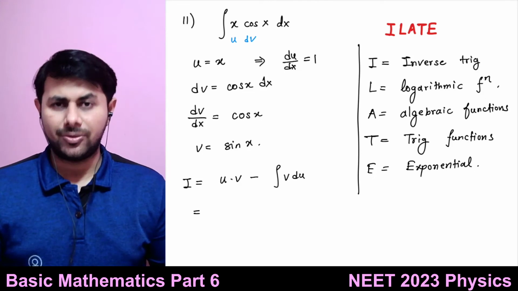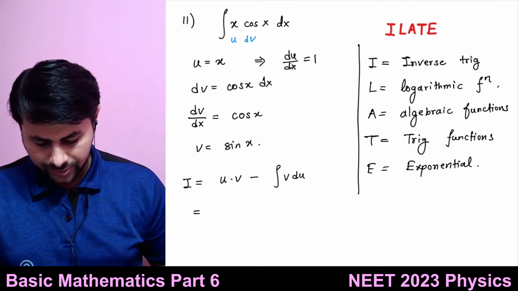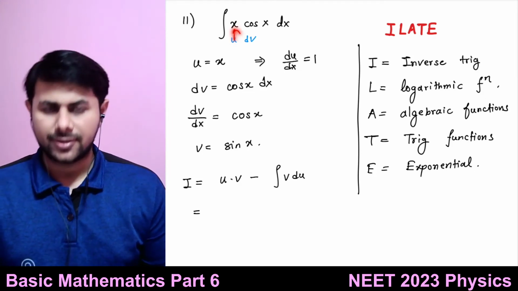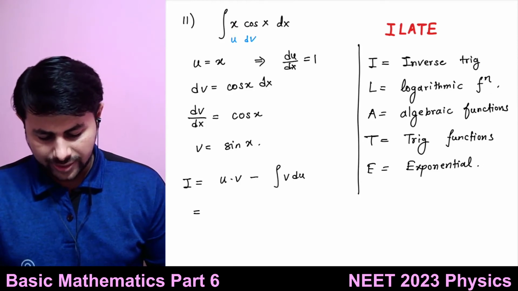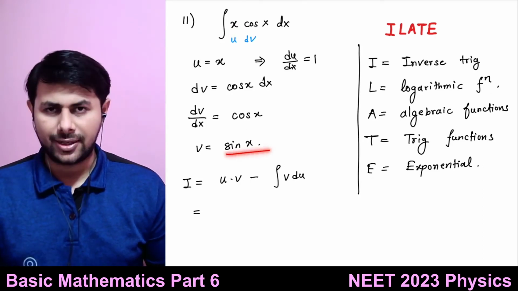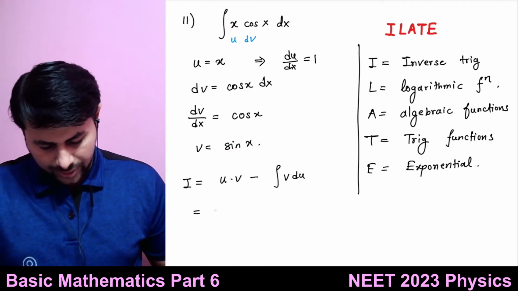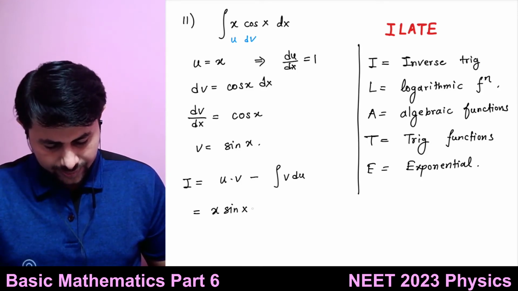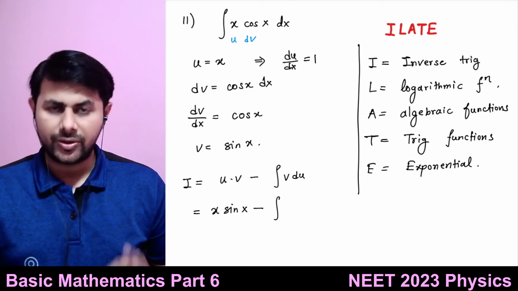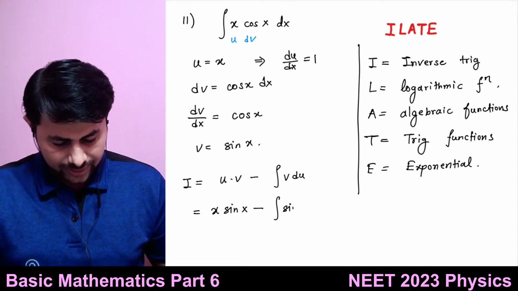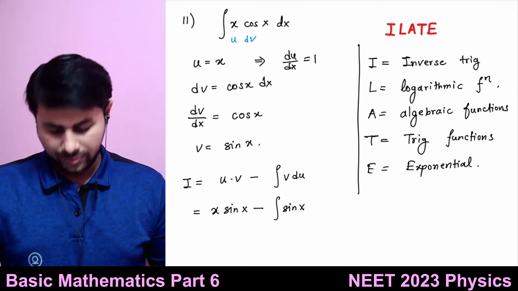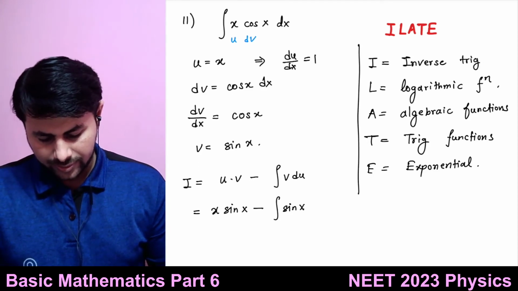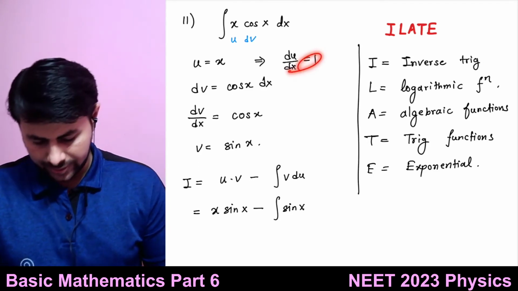So I have rewritten the formula. What is u? U is x. What is v? V is sin x, we found it out. So it is x sin x minus integral of v, which is sin x, and du is equal to dx.